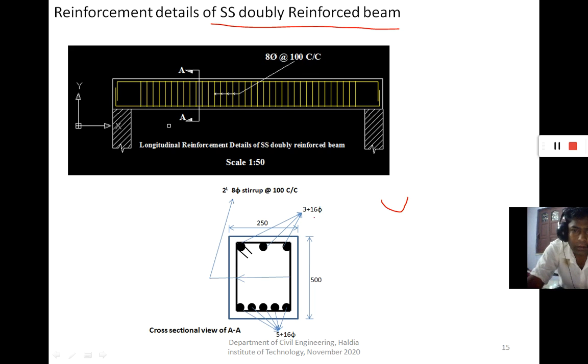So 3 16s are used at the top, and two-legged stirrups are used. Vertical 8.5 stirrups are used. Diameter of the stirrup is 8 mm and 100 mm center to center.